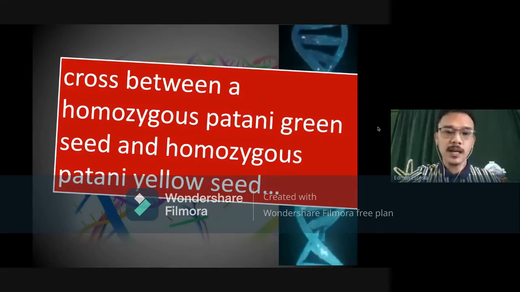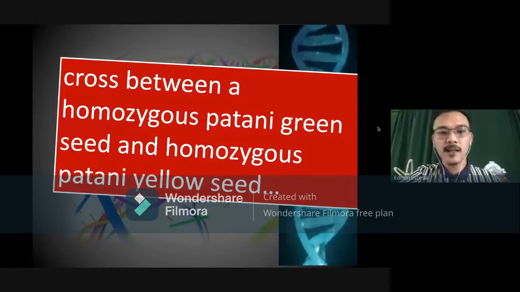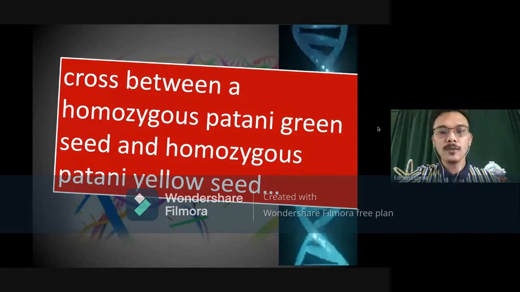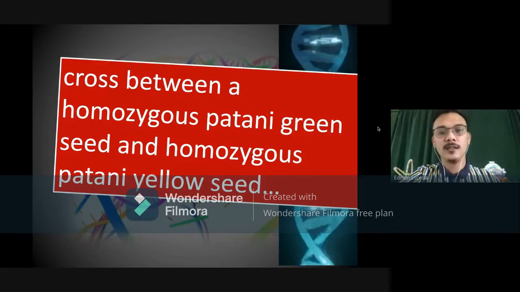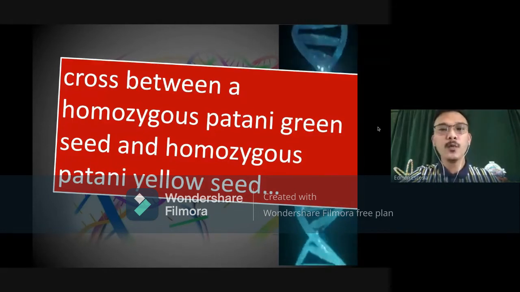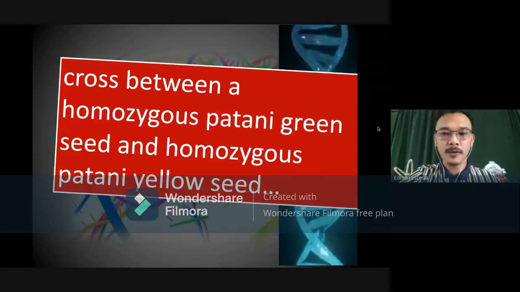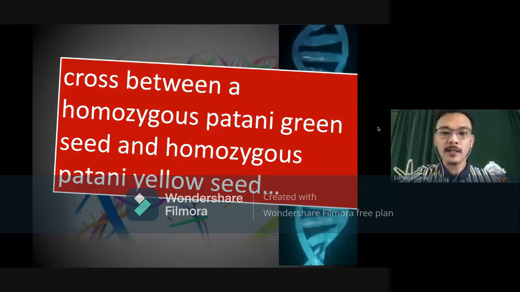The first thing that you have to do is to represent the alleles of the homozygous patani green seed and the homozygous patani yellow seed. For colors, we use the first letter of the dominant color. In this example, green is the dominant color and yellow is the recessive color.